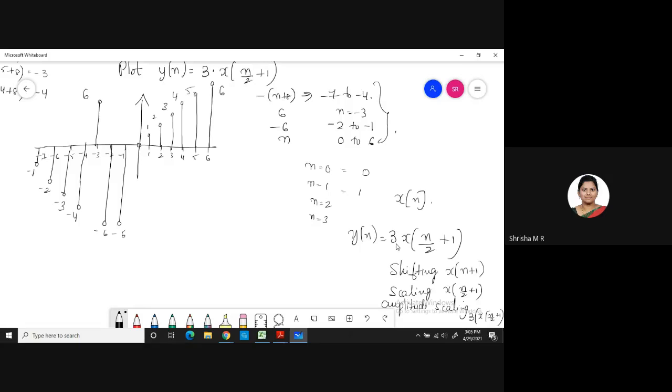Shall we start to do this problem? Everyone ready? So first we have to do shifting, x of n plus 1. So what happens to this x of n?